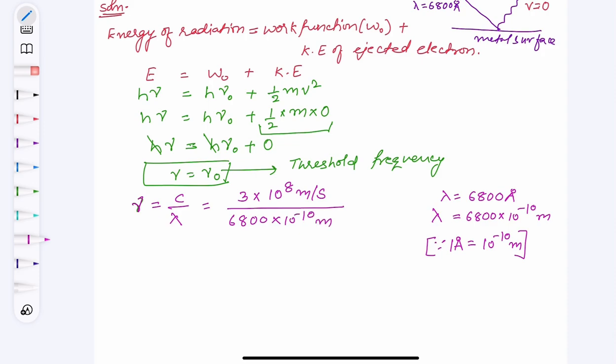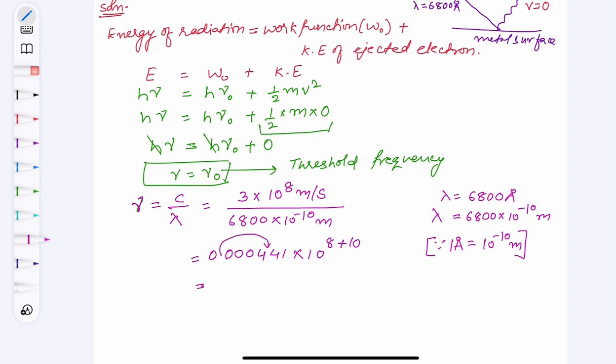So you divide 3 by 6800, you will get 0.000441 into 10 to the power of 8. The denominator has 10 to the power of minus 10, which if it goes in the numerator will be 10 to the power of 10. So we will add 10 to 8. Also let us shift the decimal point between 4 and 4.